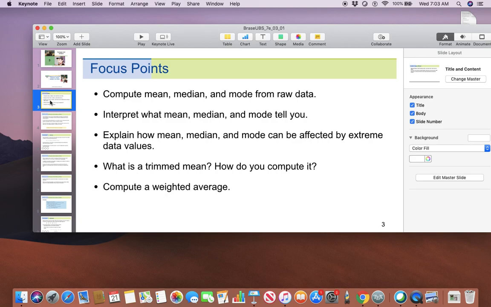Interpret what mean, median, and mode tell you. Explain how mean, median, and mode can be affected by extreme data values. What is trimmed mean? How do you compute it? And then compute a weighted average.